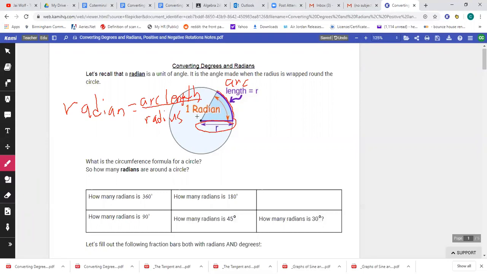And so 1 radian, remember, if we divide, like 5 divided by 5 is 1, 10 divided by 10 is 1. So that means 1 radian is when arc length and the radius are the same, because this number would be the same, it would divide to 1. So 1 radian is when the radius equals the arc length.